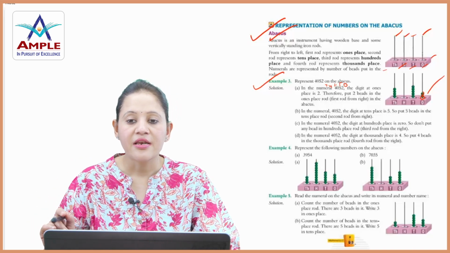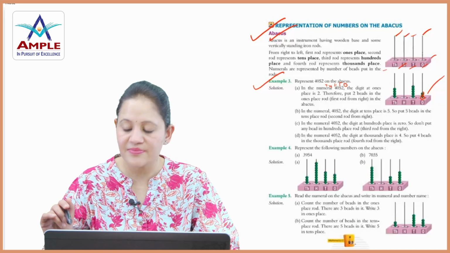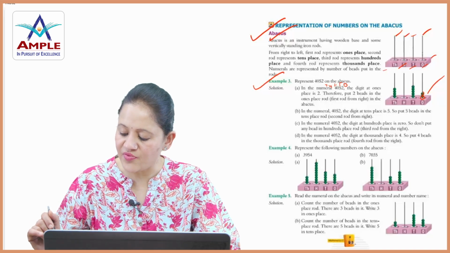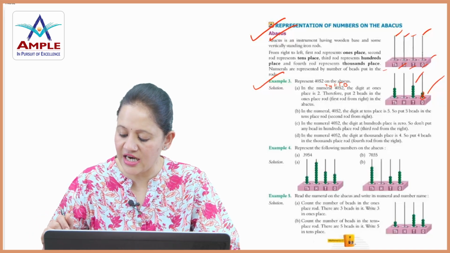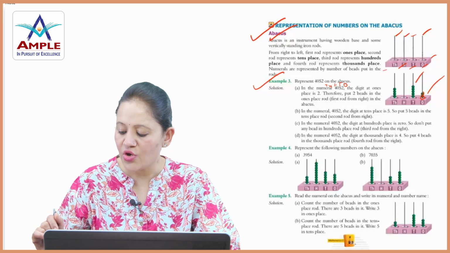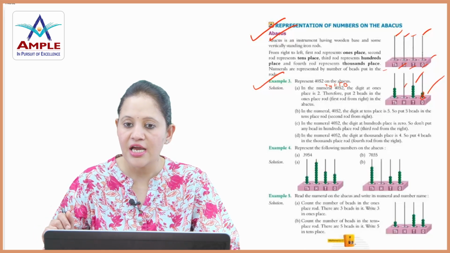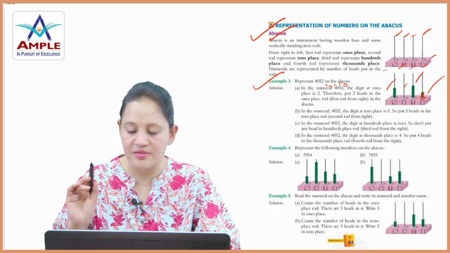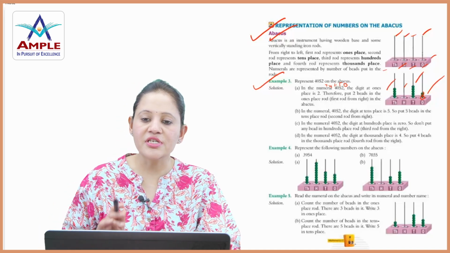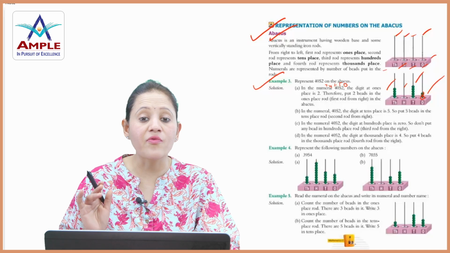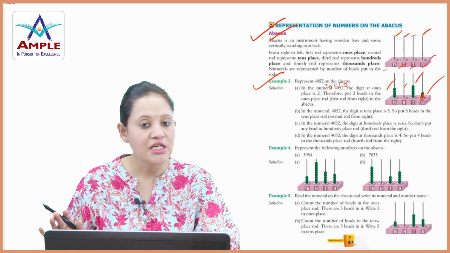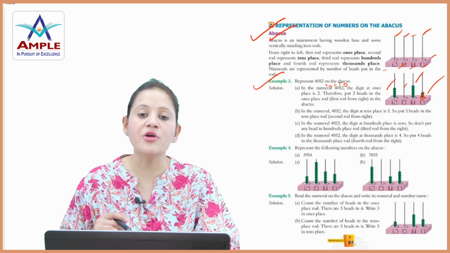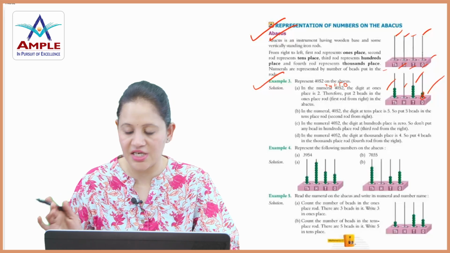Now move to the tens place. The digit is 5, so 5 beads. In the hundreds place the digit is 0, so no beads on the hundreds rod, and 4 beads on the thousands rod. Clear? So this will represent our given number, 4052. Now you know how to represent a number on the abacus. It's very easy.